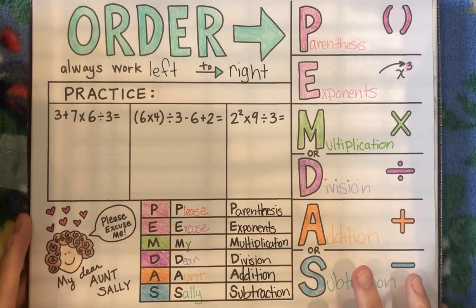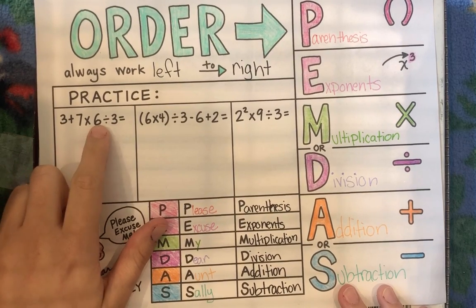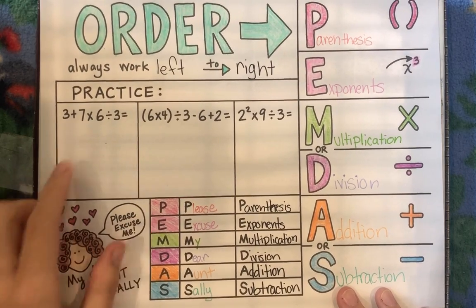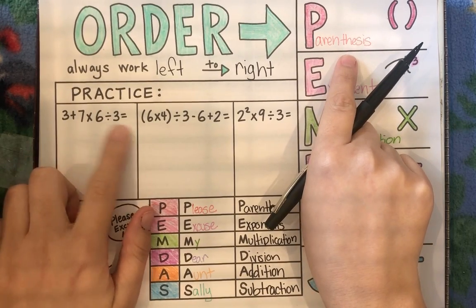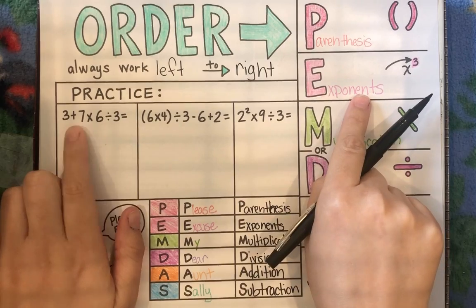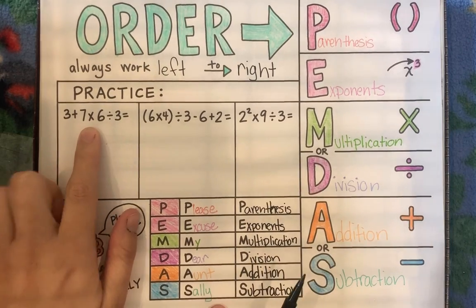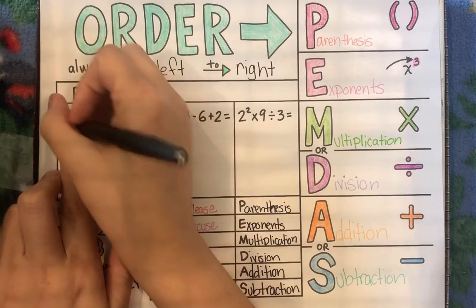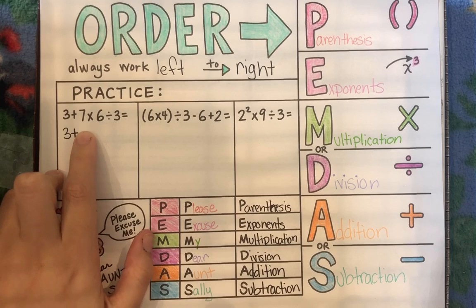So let's practice. Let's look at this first one. We have 3 plus 7 times 6 divided by 3. We can go straight down the list. Parentheses, there are no grouping symbols. There are also no exponents, but there is some multiplication and some division. So our 3 plus, we're not doing anything with yet.